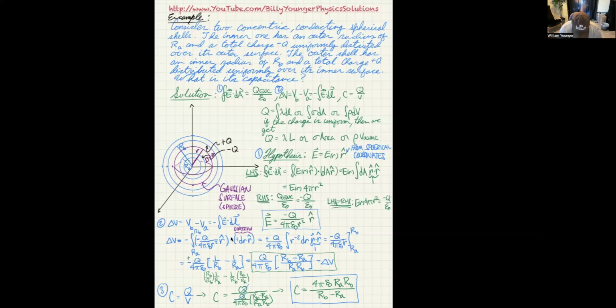Then step 2 is to use delta V equals the negative integral of E dot dl to calculate the voltage difference between the negative Q part and the positive Q part. I recommend you go from the negative Q to the positive Q so that you get a positive voltage, because you ultimately need to divide by a positive voltage. And then you use step 3, C equals Q over V, to find the ultimate capacitance. And that's what we've done here. So hopefully everybody follows that.